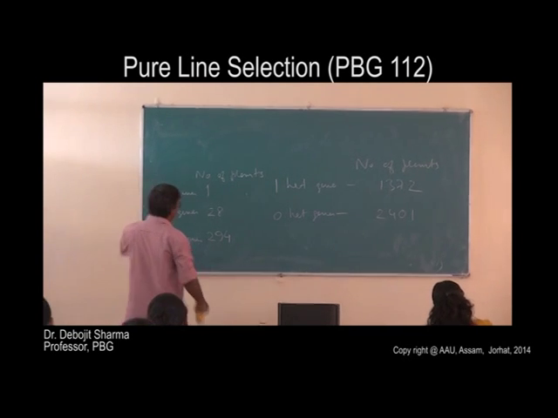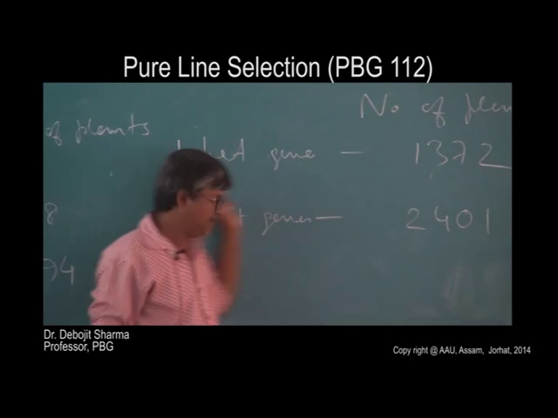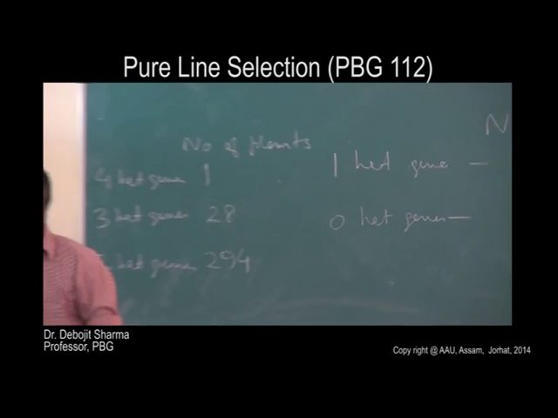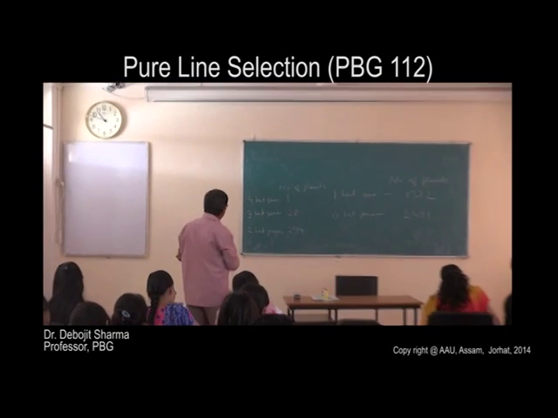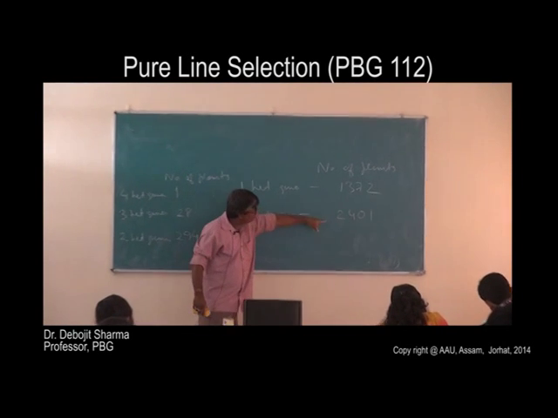So you see, this is the minimum population. If you total up these, you get the minimum population. You total it: 1 plus 28 plus 294 plus 1372 plus 2401.